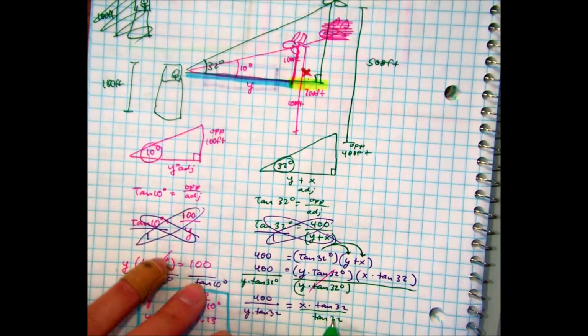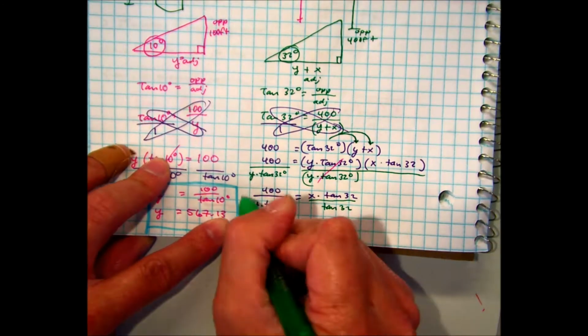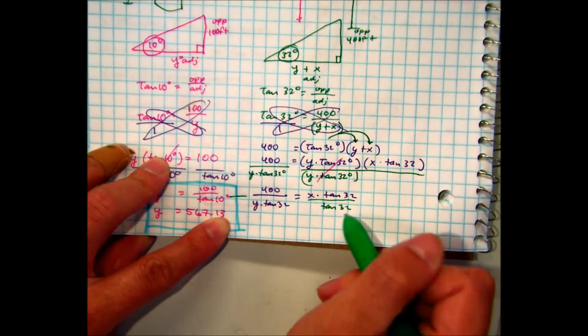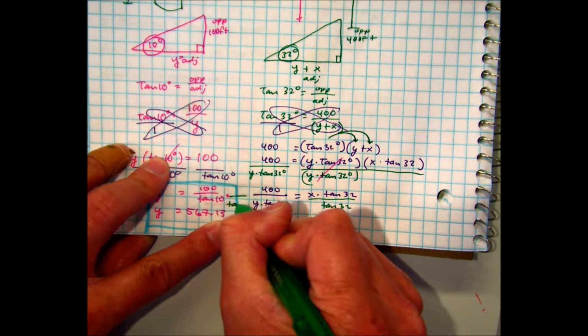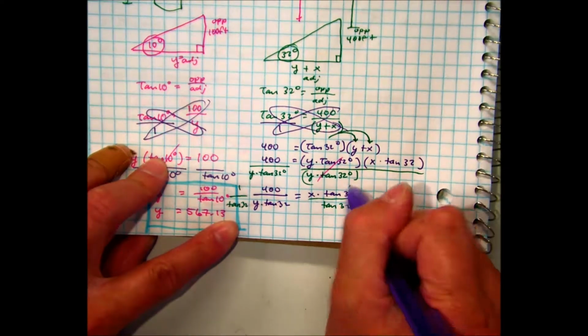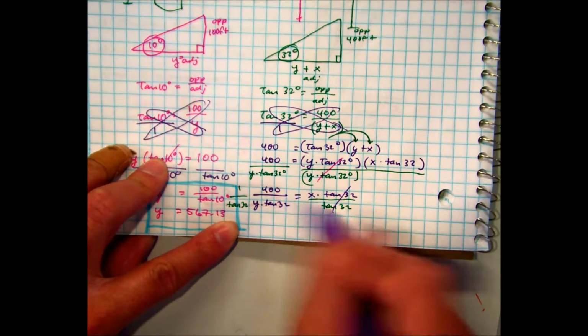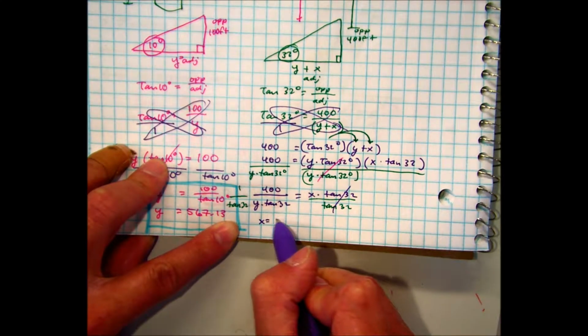Now pay attention. If I divide this side by tangent of 32, dividing by, so this should be in the denominator. On this side, it should also be in the denominator. You see that? So my grand equation right now is, I'm just going to switch sides so it looks kind of pretty. x equals, what's in the numerator?